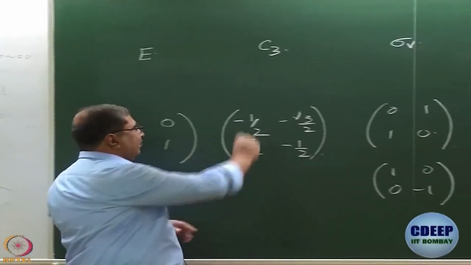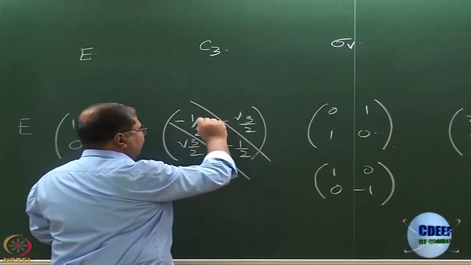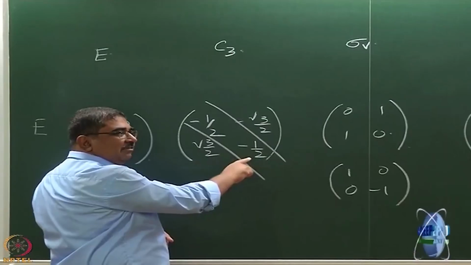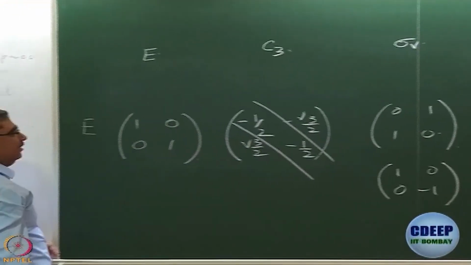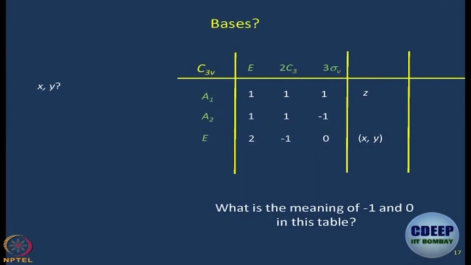What is the character? This plus this, minus half, that gives you minus 1. So, this minus 1 that we see does not really have the same implication as the minus 1 that we see here. Even though the numbers are the same, the implications can be different depending on the dimensionality of the matrix. That is something important to understand.